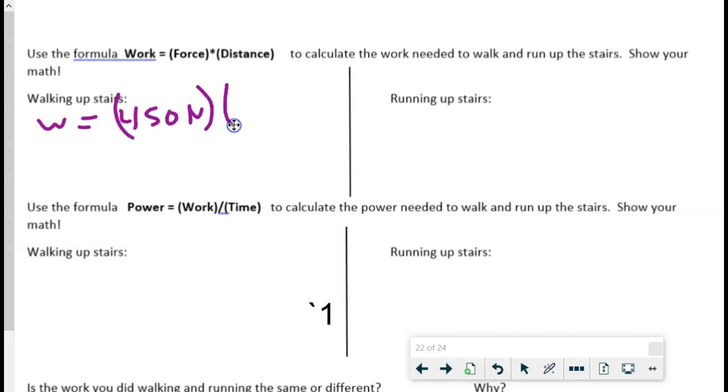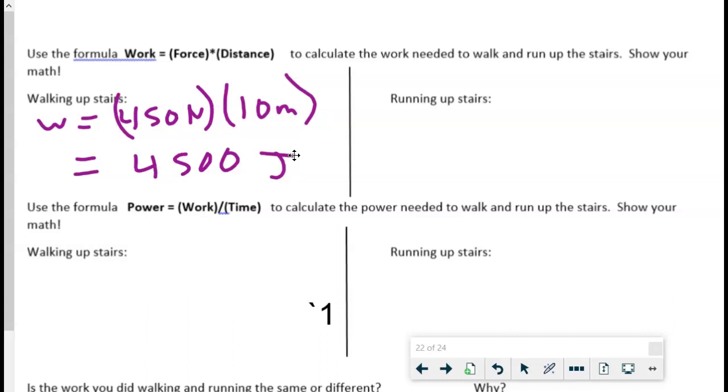And I need to multiply that by the distance. So my distance I made up was 10 meters. So my work was 450 times 10, which would be 4,500. And work is a transfer of energy, so my unit is going to be in joules.